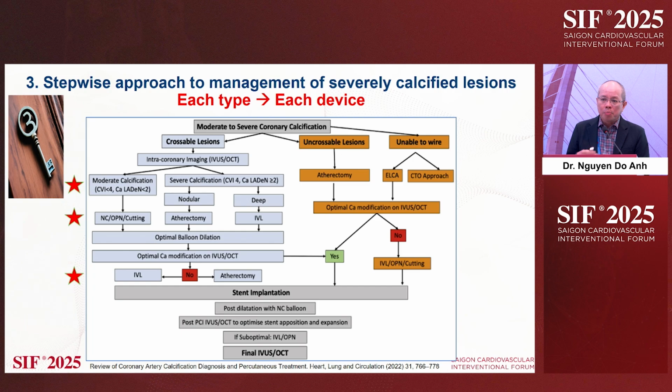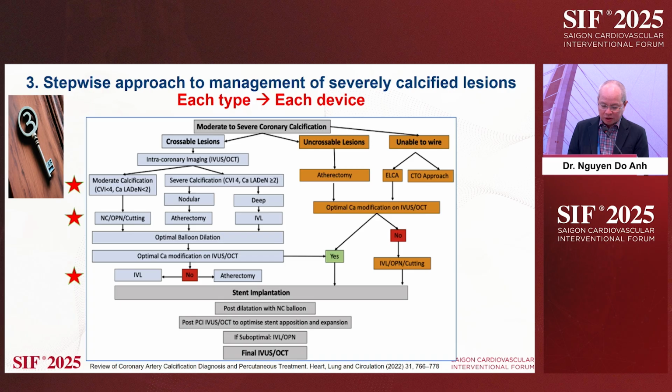Based on the IVI results, we choose the device based on the characteristics we have. For example, if there is mild to moderate calcification, you can choose an NC balloon, OPN balloon, cutting balloon, or scoring balloon and resolve the problem.